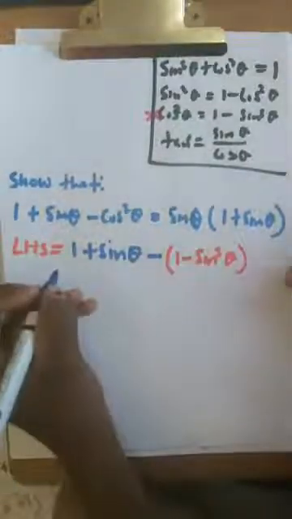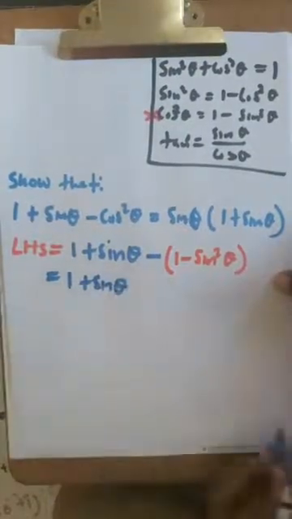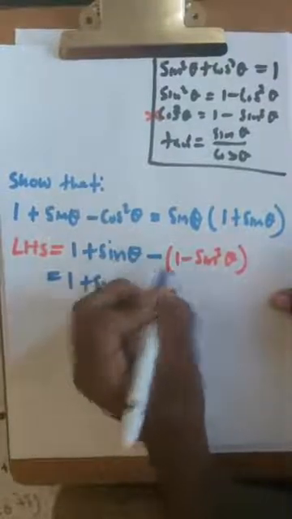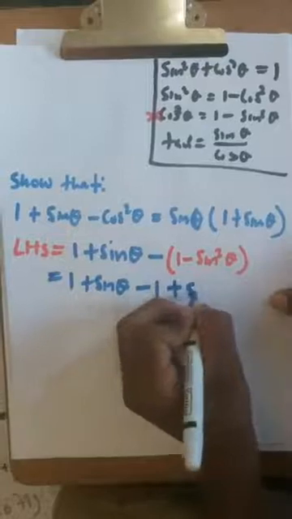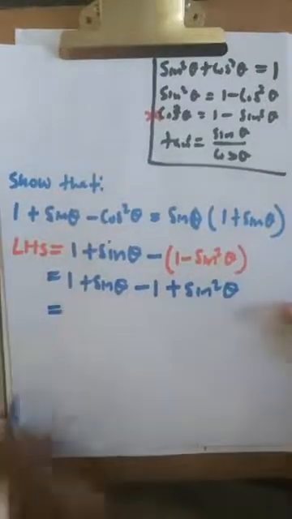So then I just multiply out this thing. 1 plus sine of theta minus, multiply by the minus, 1 minus sine squared, so you have plus sine squared theta. Then what do we have here?